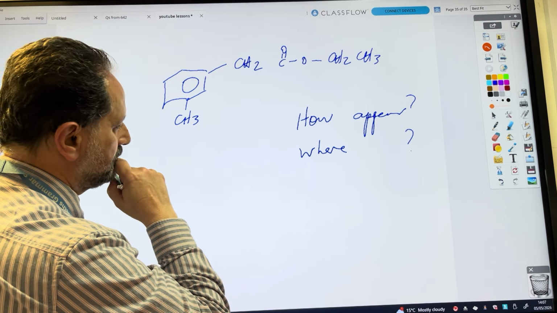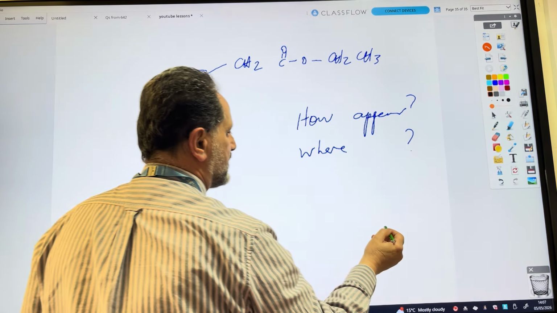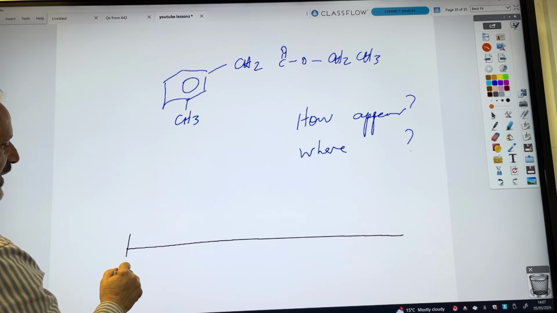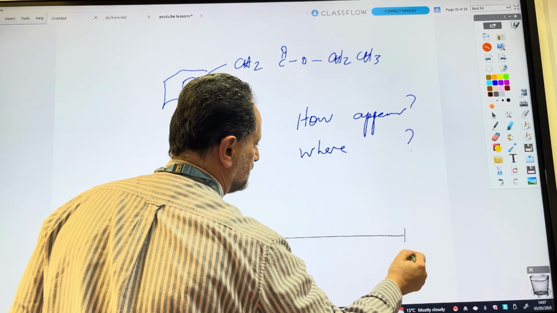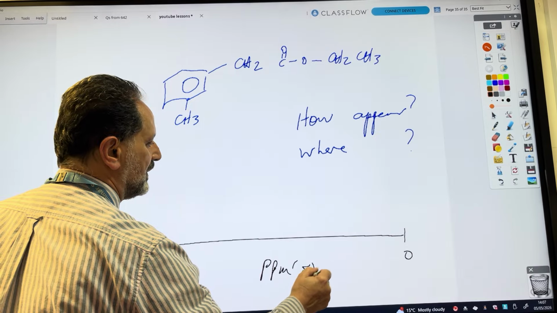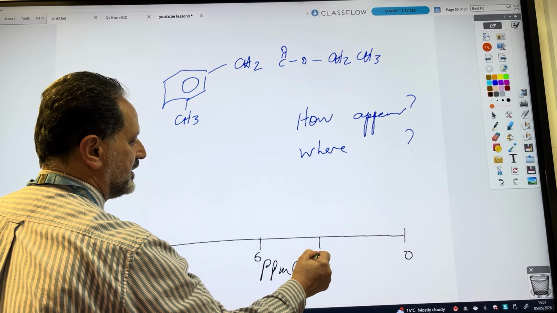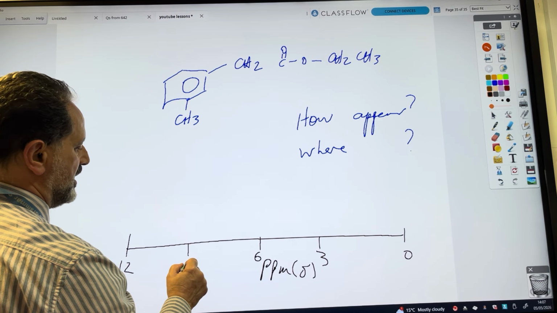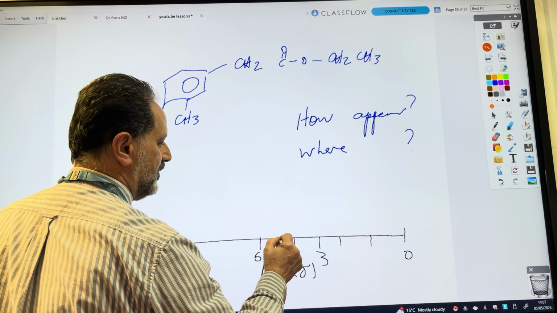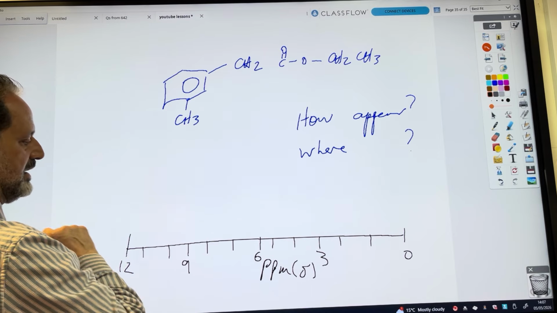Now, let's plot the entire spectrum going from 0 to 12 ppm. Let's try to do the scale correct. So 3 there, and 9 there, and therefore you have 1 and 2, and 4 and 5, 7 and 8, 10 and 11.